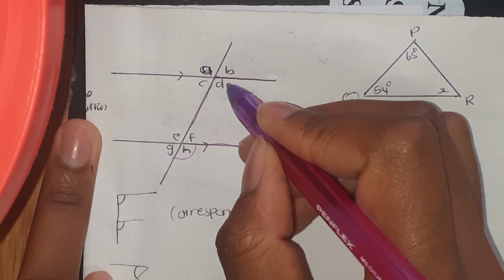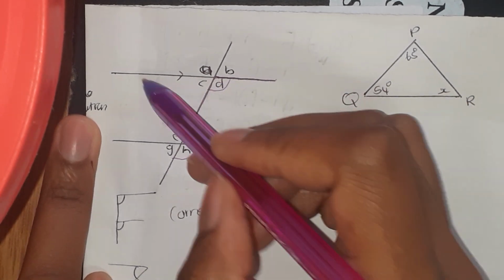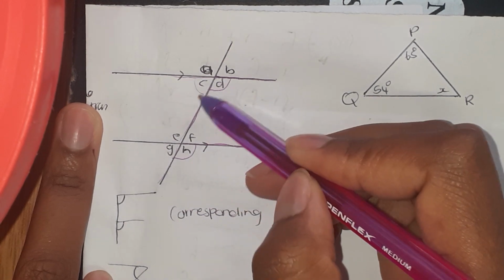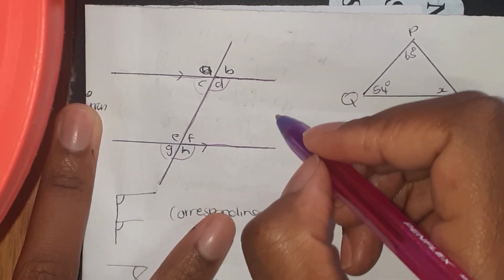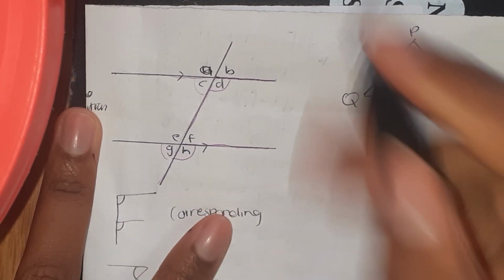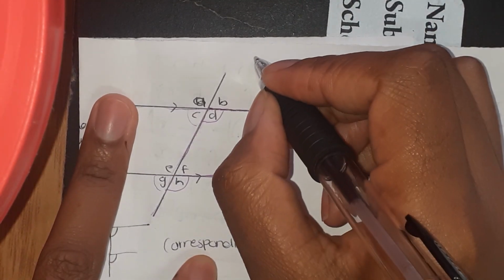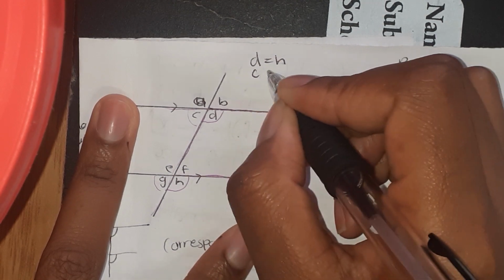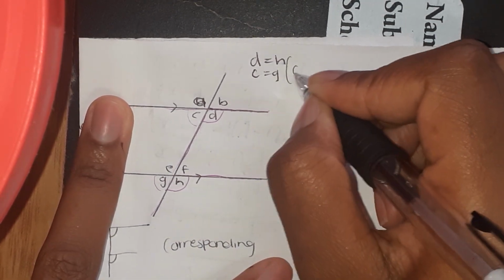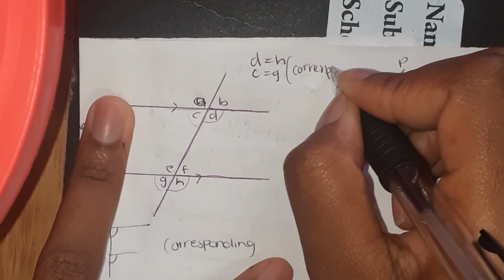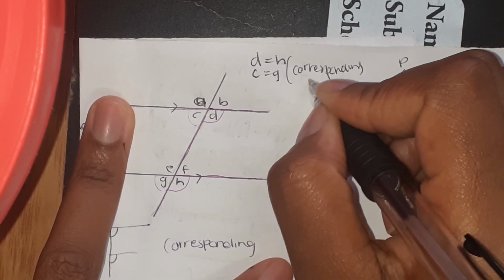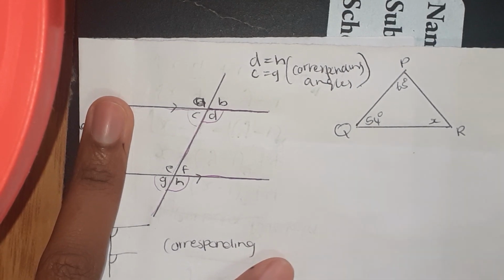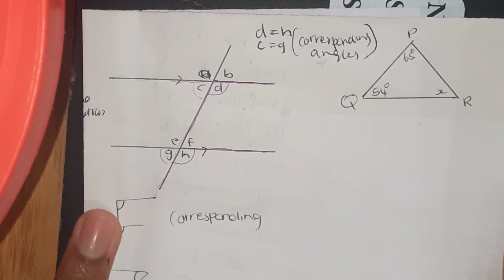So this angle is the same as this angle, which means even this side, when you go like that, this angle is the same as this angle. So with that, we can say that D equals H and C equals G, and those are corresponding angles. So this F only works with parallel lines, where there are parallel lines.